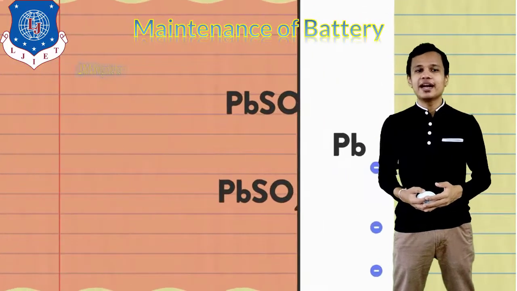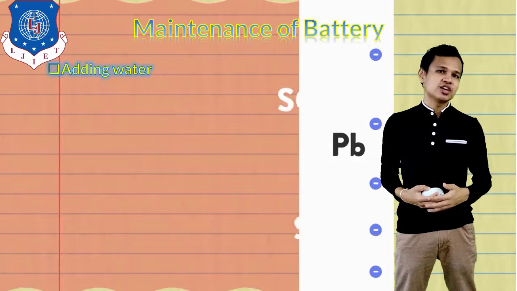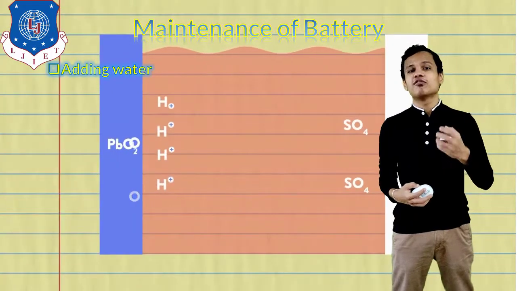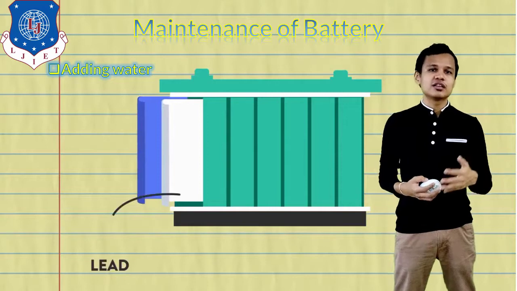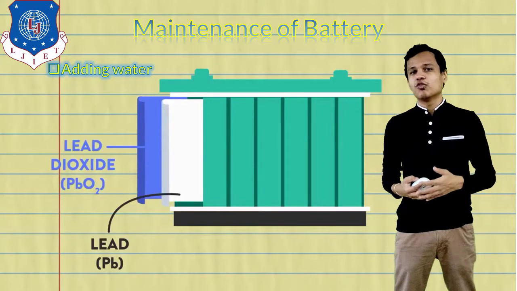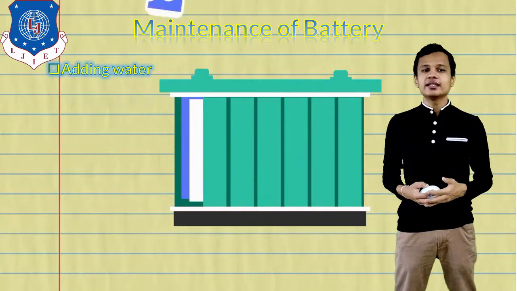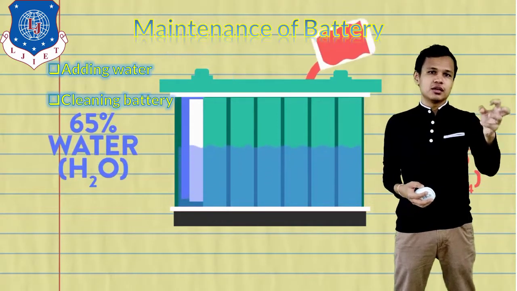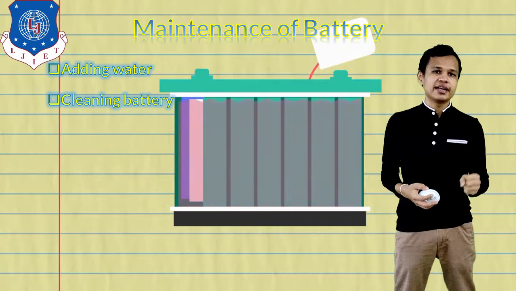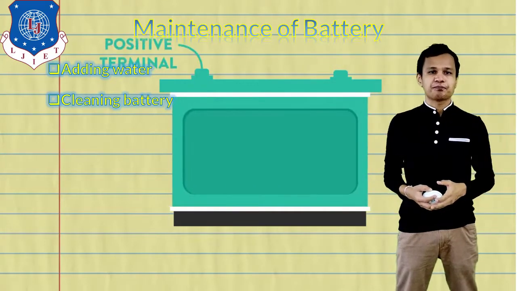To maintain the battery, there are simple procedures. The first thing that can be done is water can be added to the battery to maintain the level of the sulfuric acid and the water. The second thing is the cleaning of the battery: the vent plugs and the outer surfaces of the battery will be cleaned.